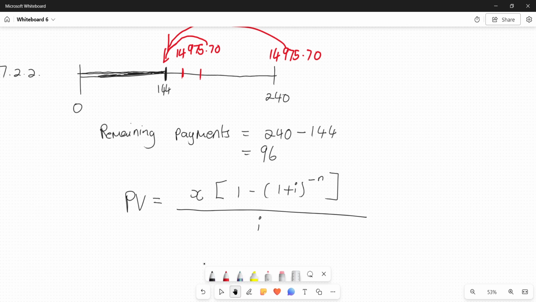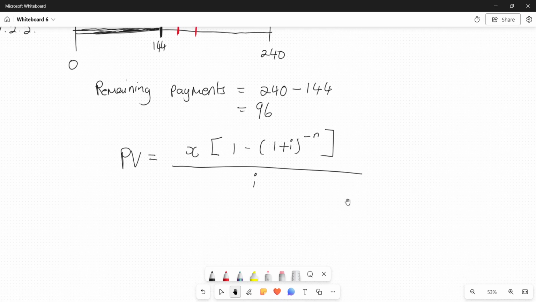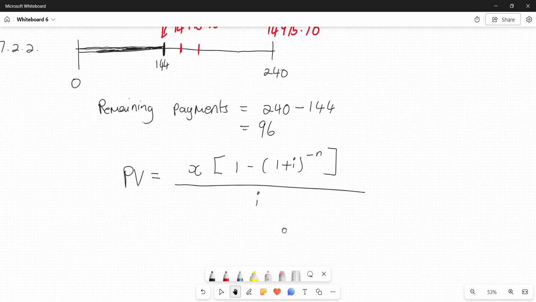So now using this formula to calculate our present value after the 144th payment, it will be equal to the monthly installment of 14,975.70 times 1 minus 1 plus our monthly effective rate of 0.105 over 12 to the power of the remaining number of payments.